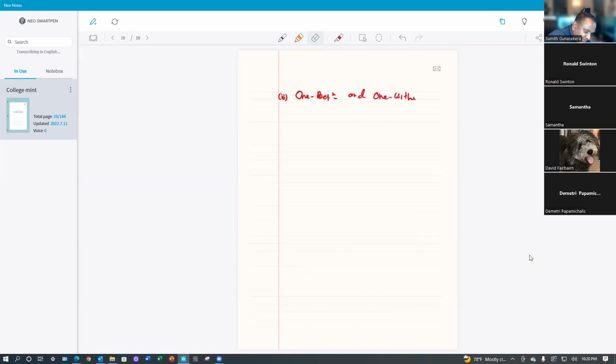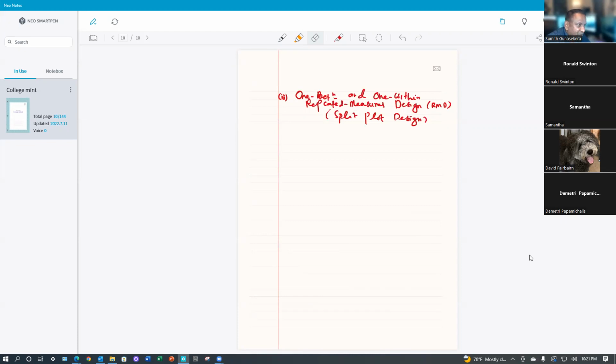One within, one between. Repeated measures design. Sometimes they call this one split plot design. It's another name for this one.